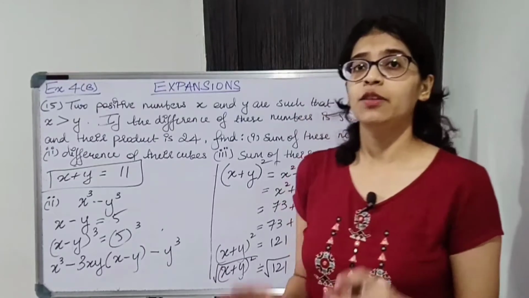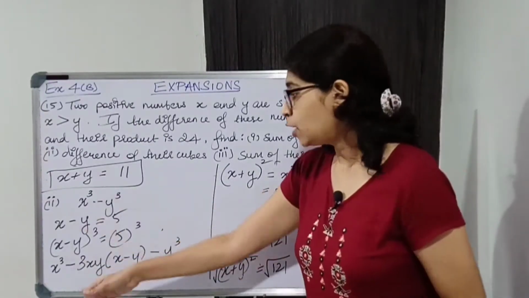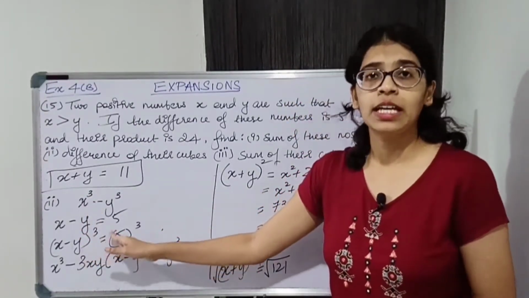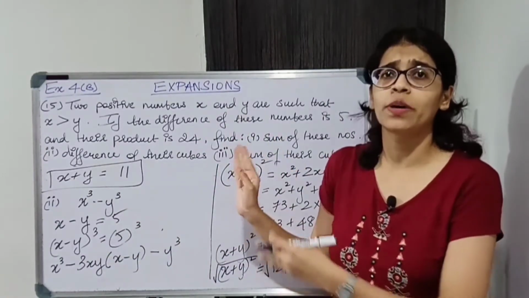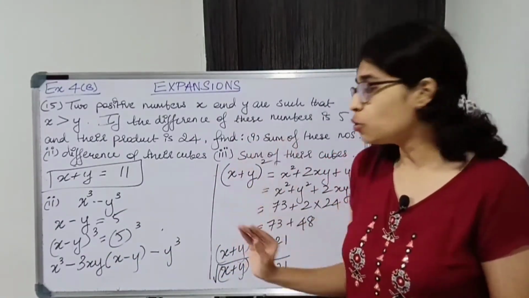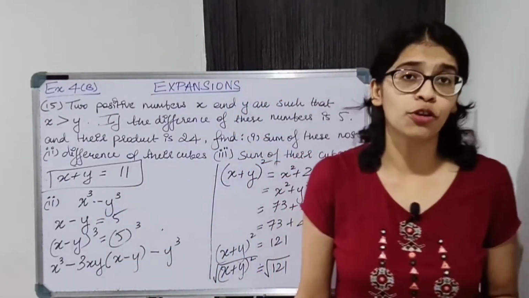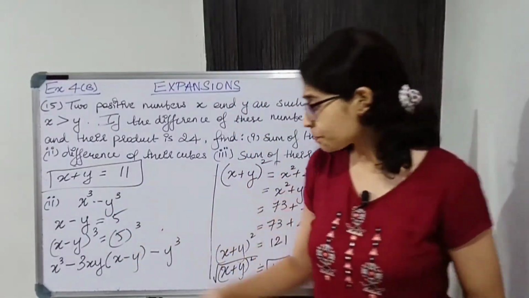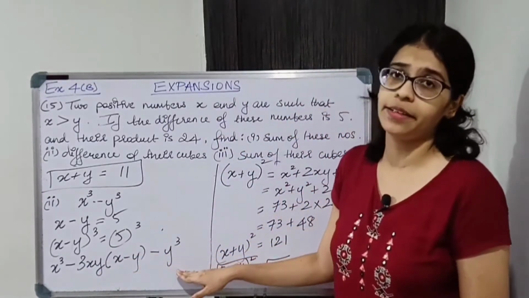Okay, if you remember the other formula, a cube minus 3a square b plus 3ab square minus b cube, then you can use that also, but you need to take eventually 3xy common from both the middle terms. So eventually you will get this identity.